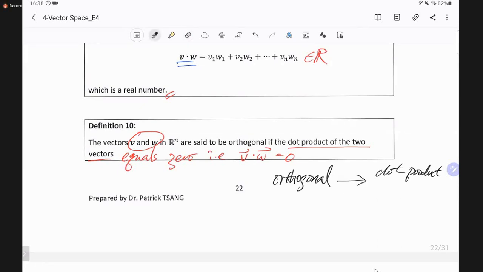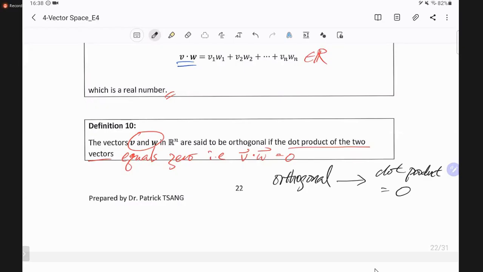If we want to check whether the given vectors are orthogonal to each other, we simply check whether the dot product equals 0 or not. So this is the idea of orthogonality in terms of the two vectors of concern. So far so good. All right, let's move on.